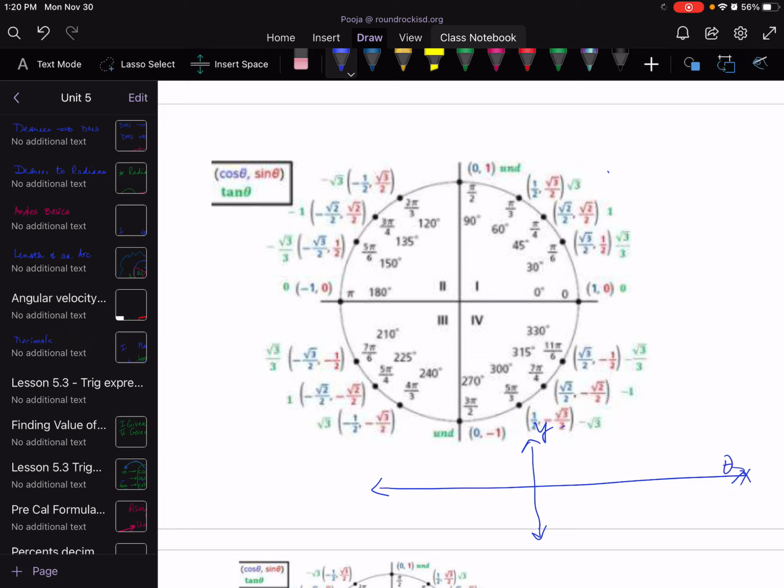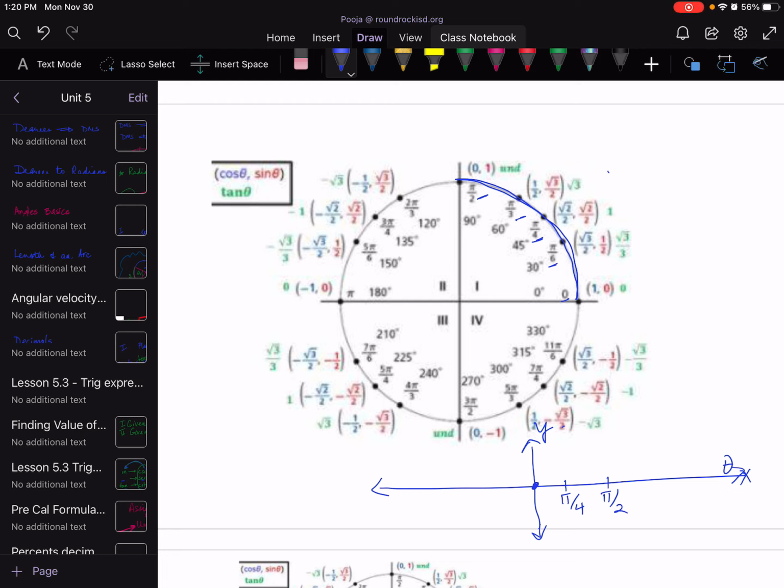On the x-axis I graph theta. Let's say this is 0 in radians, then pi over 6, pi over 4, pi over 3, pi over 2. From the first quadrant, let's say I choose 0, then pi over 4, then pi over 2. What's the corresponding value of sine?